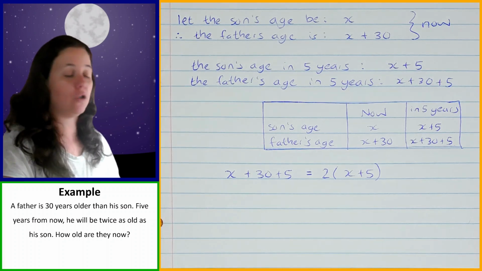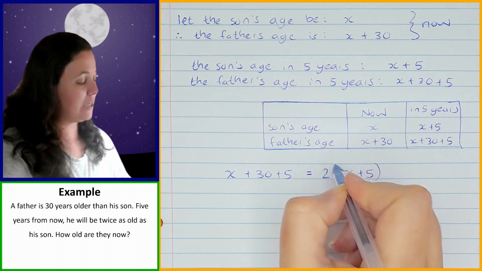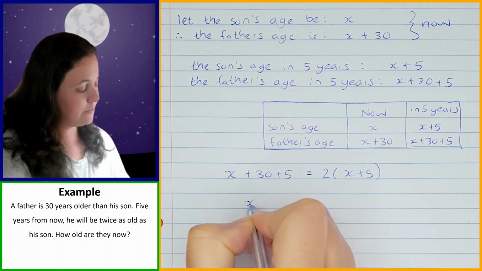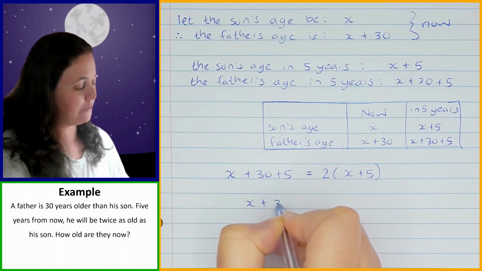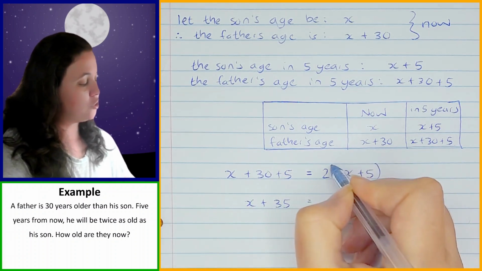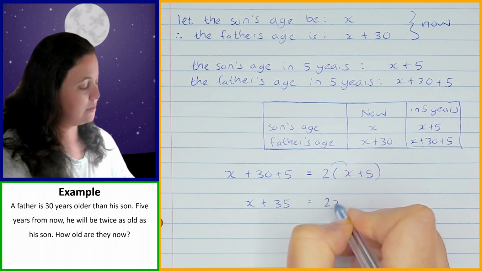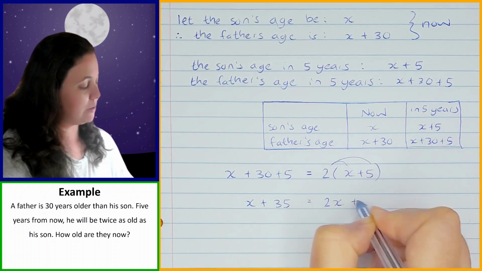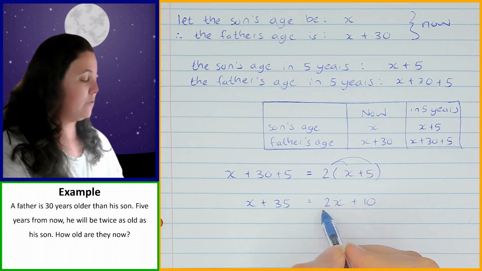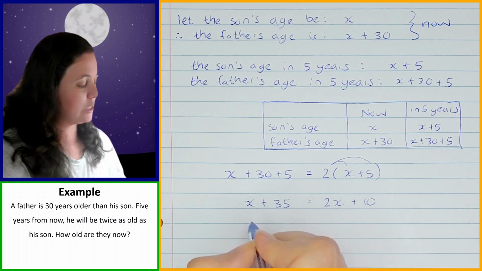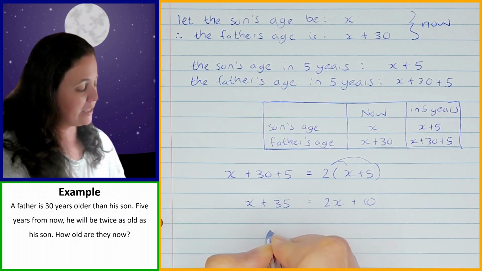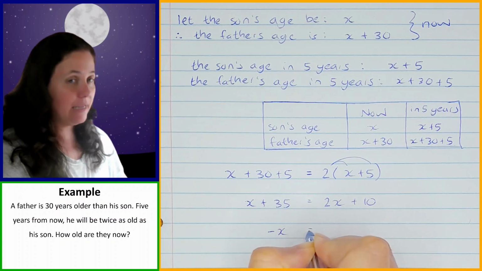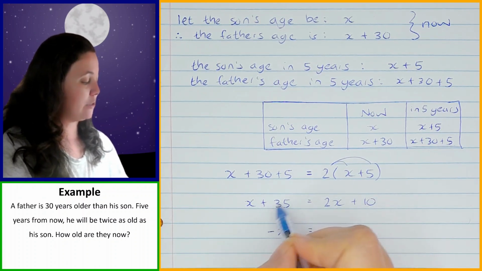Okay, now we're going to go and solve for x. So now I'm going to multiply this out. So this is going to be x plus, I'm going to simplify that, that's 35 equals 2 times x is 2x, and 2 times 5 is plus 10. So now I'm going to get rid of the 2x over here by subtracting on both sides. So I've got x minus 2x is negative x equals, and then I subtract the 35 on both sides.